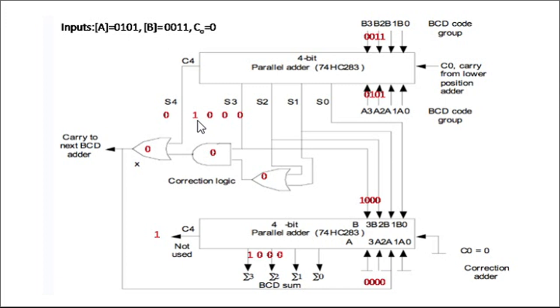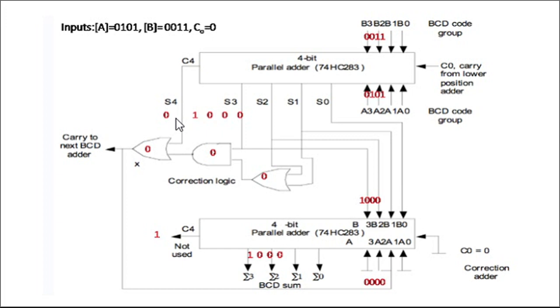So finally we got 1000, which means S0 is 0, S1 is 0, S2 is 0 and S3 is equal to 1, after summation of 0101 plus 0011. There is no carry generated, so CS4 is equal to 0.